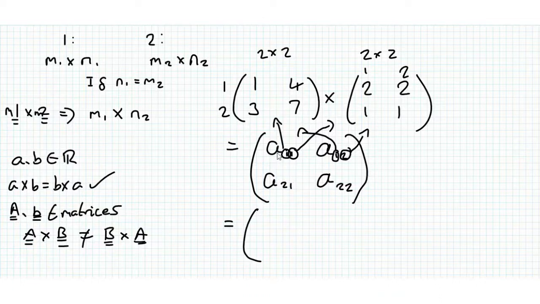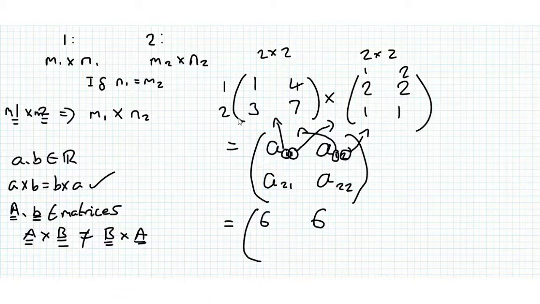So for 1,1, we go 1 multiplied by 2 plus 4 multiplied by 1, well, that's 2 plus 4, 6. Now for this next element, A1,2, we're still in the first row, as you can see by the subscript, and in the second column, so it's 1 multiplied by 2, that's 2, plus 1 multiplied by 4, that's 6.